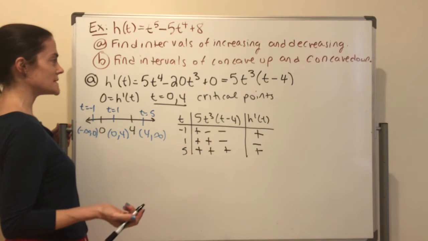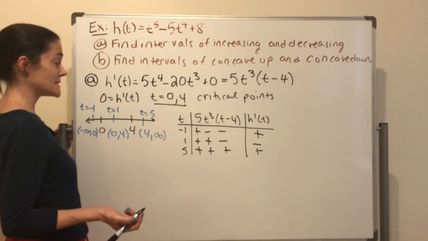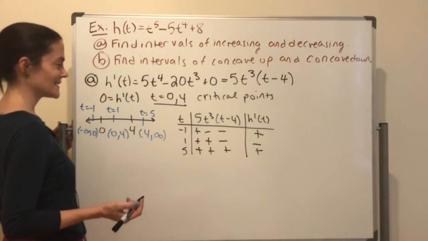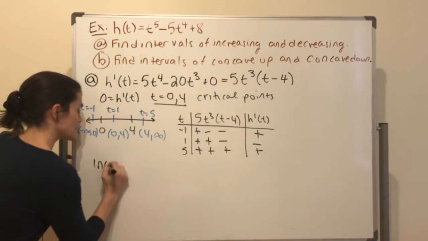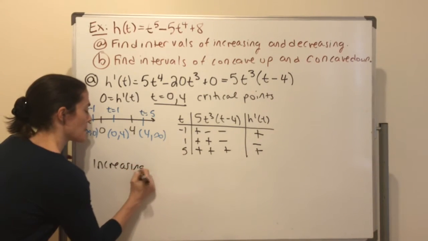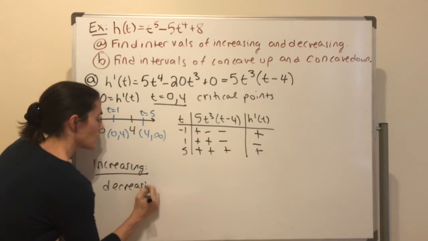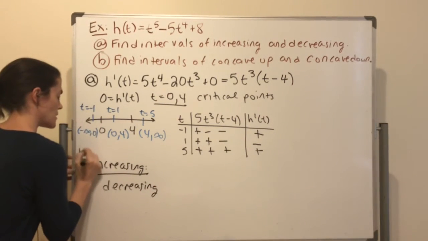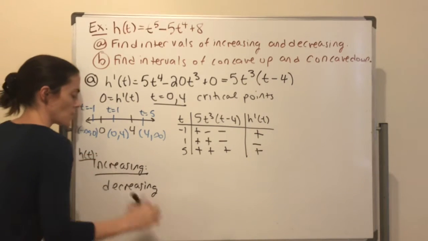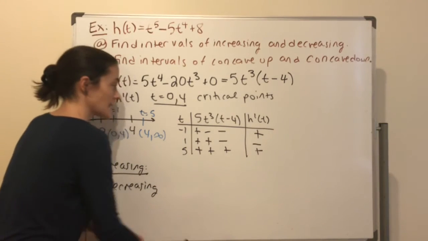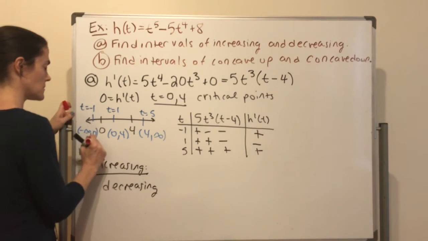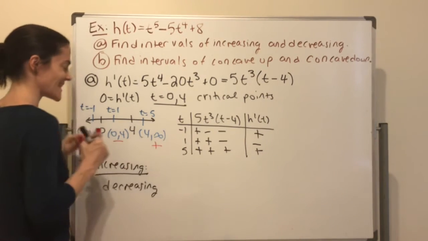Okay, so what do we see here? We see this is increasing. Now, this is the original function. I'll write it just to make sure we know. And I could put my pluses and minuses. We have plus, minus, plus, like this.